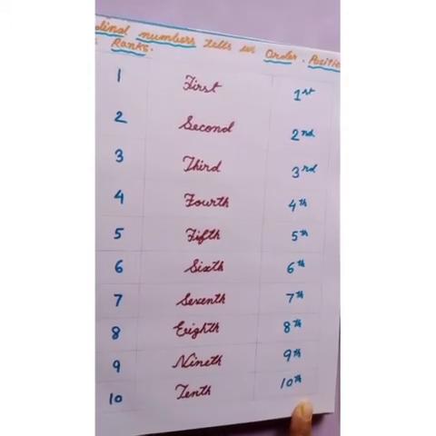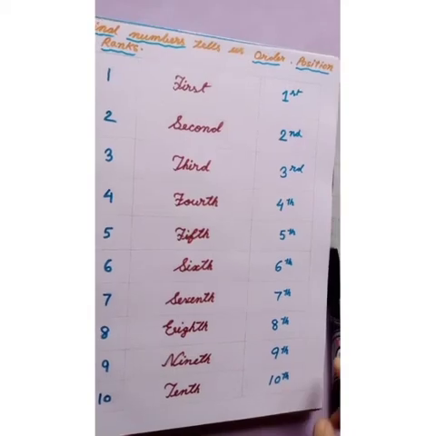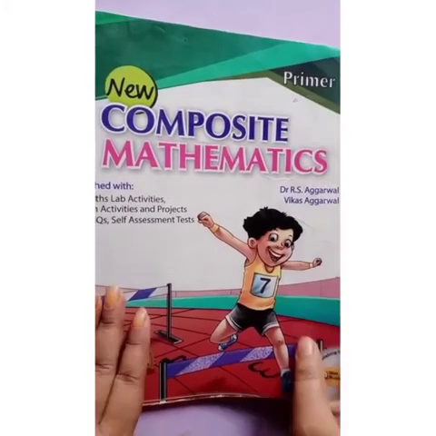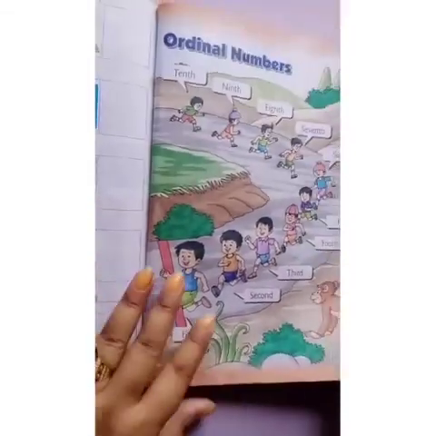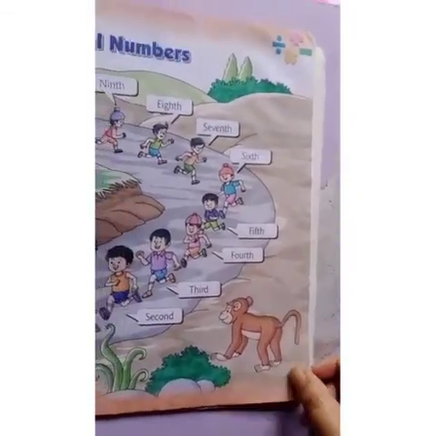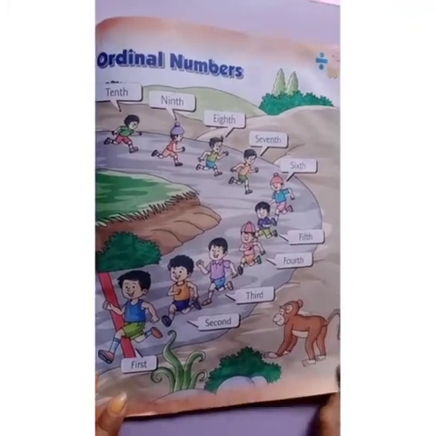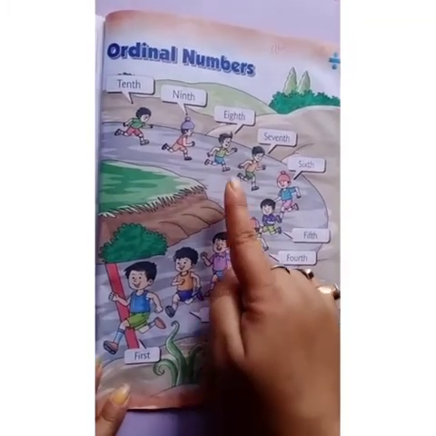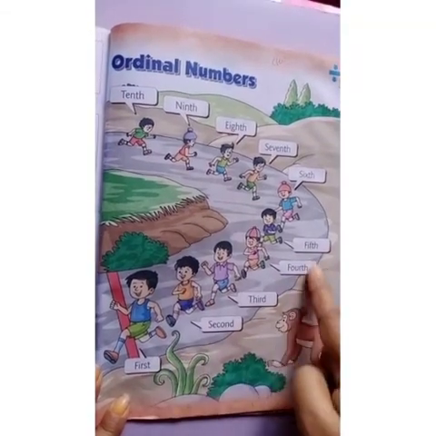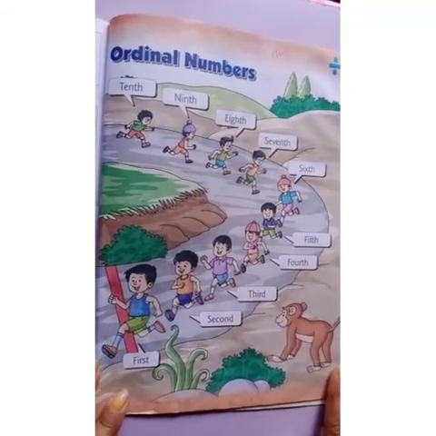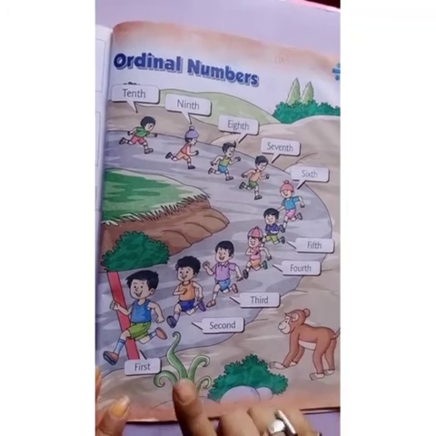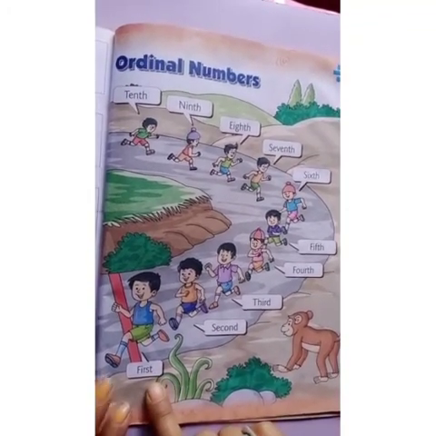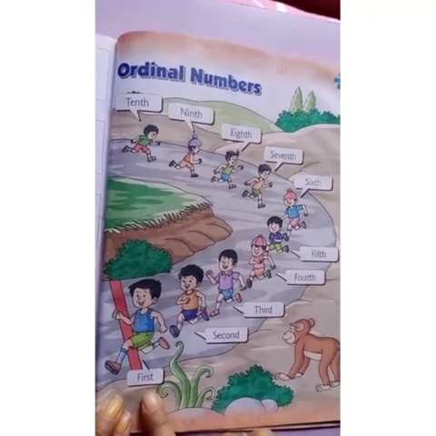Now all of you take out your mathematics book, and go to page number 97. Look at this page. There are 10 kids running in this picture. The kid who reached the finish point earliest will be first.